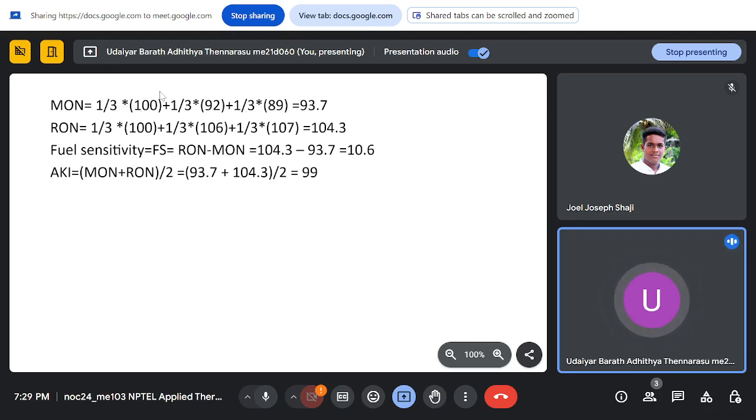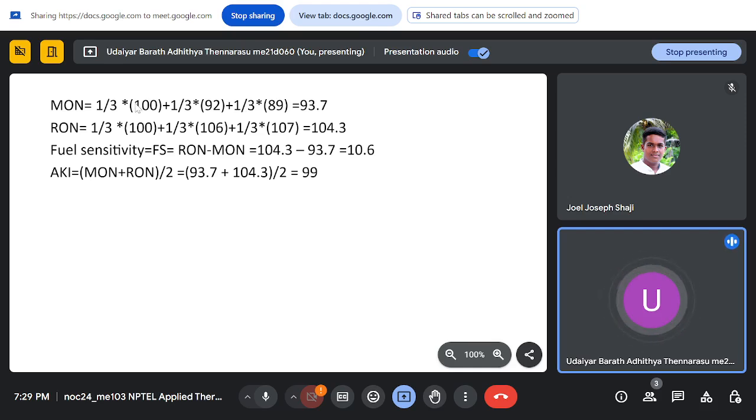The mass fraction into the individual octane number will give you the effective octane number of the fuel. So that is 93.7, and your research octane number is 104.3. Your fuel sensitivity is the difference between these two, which is 10.6, and your anti-knock index is the average of these, so that is 99. It's just to compare with your isooctane.